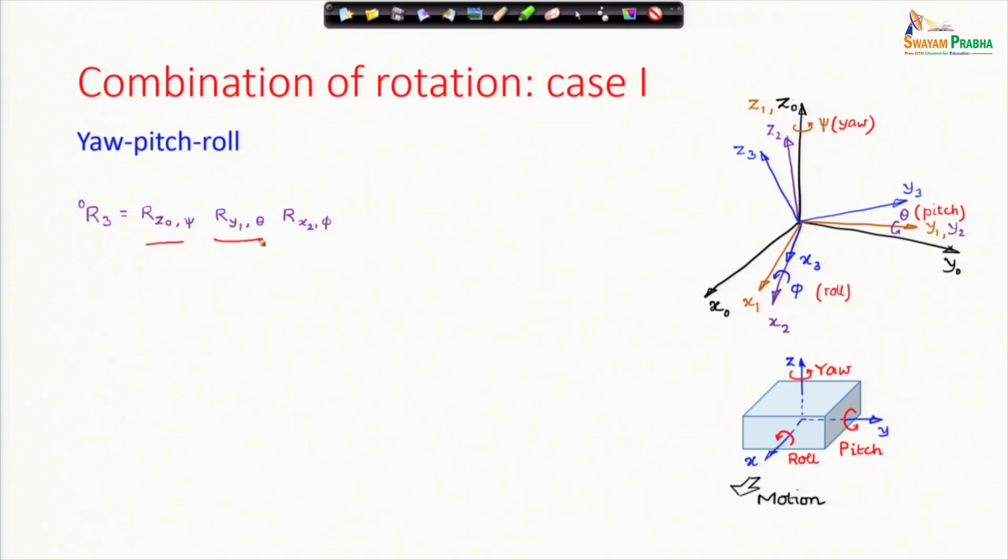Then I gave it about y 1 by an angle theta, then about x 2 by an angle phi. In our standard representation, this was 1 to 0, this is 2 to 1, and this will give us 3 to 2, and the product in this sequence will give me R from 3 to 0.